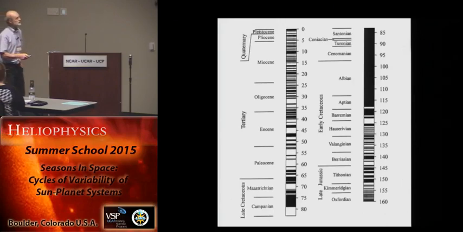So these records are mainly from measuring the magnetic field direction in the bottom of the ocean, on either side of the mid-Atlantic ridge that separates. And the dark regions are called the normal polarity. That's the polarity we have today. The light regions are called the reverse polarity. And so you can see there are quite a few reversals, but it's not nice and periodic like it is for the sun.